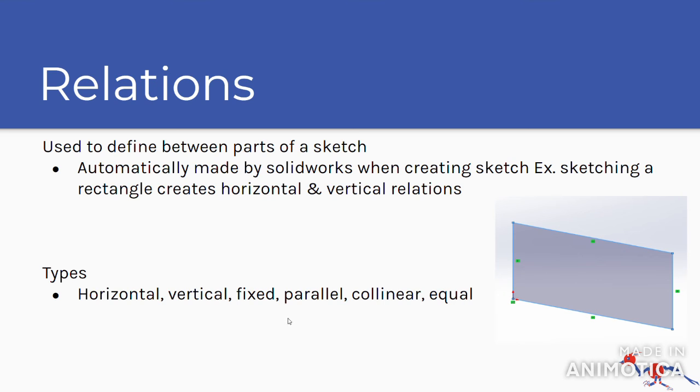There's a couple different types of relations: the horizontal and vertical, which I just talked about, and then there's fixed, so you can't move the shape. It's fixed in its relation to the plane. And then you can draw parallel, collinear, and equal relations. There's a few other types out there, but these are the most basic ones. And I'll show you that in SolidWorks real quick.